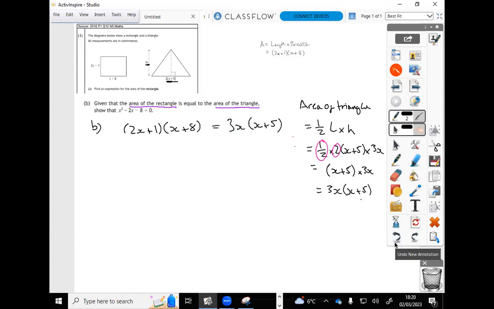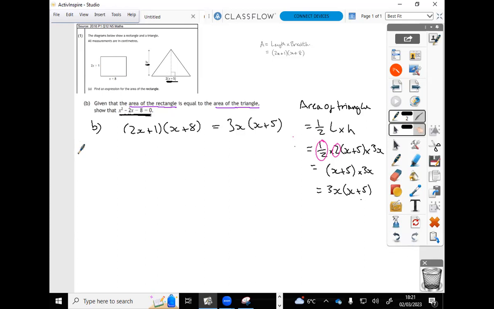It's quite difficult to get there, quite a wee bit of work in my opinion, but that's where we need to start. So now we need to take the left-hand side and the right-hand side and open up the brackets and then rearrange, collect the like terms. We're going way back to September, October time, collecting the like terms, and we're hoping to end up with that x squared minus 2x minus 8.